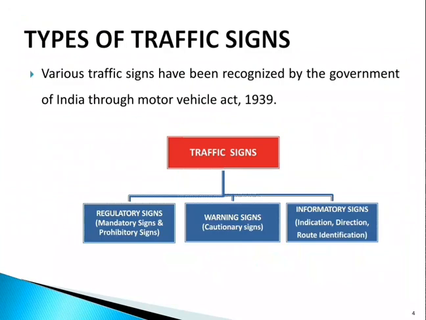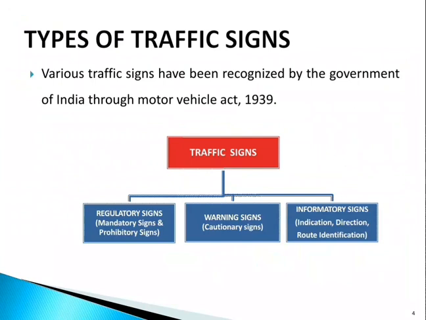So next is types of traffic signs. The various traffic signs have been recognized by the Government of India through the Motor Vehicle Act 1939. And traffic signs are divided into three categories.